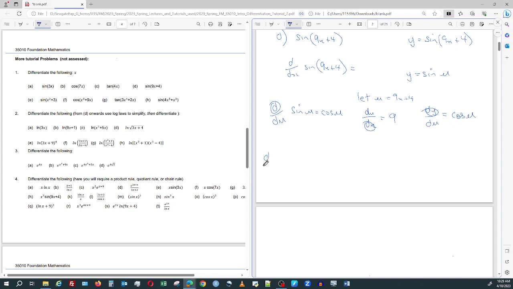The d dx of sine 9x plus 4 is equal to 9 times cos 9x plus 4. Okay, that's 1. Over here, y dash is going to be equal to 9 times cos 9x plus 4.